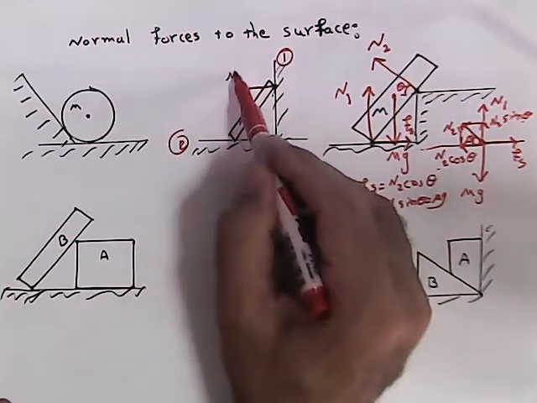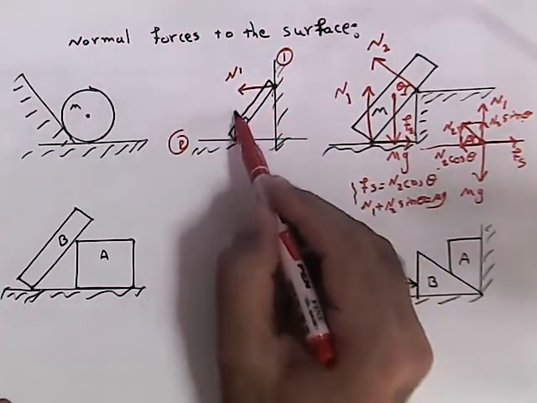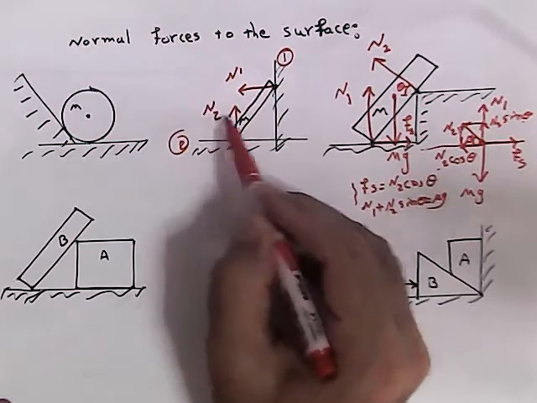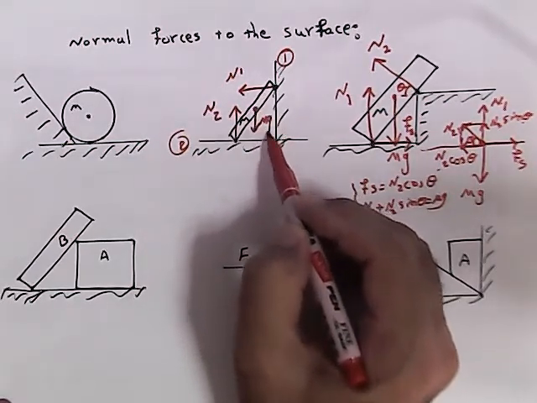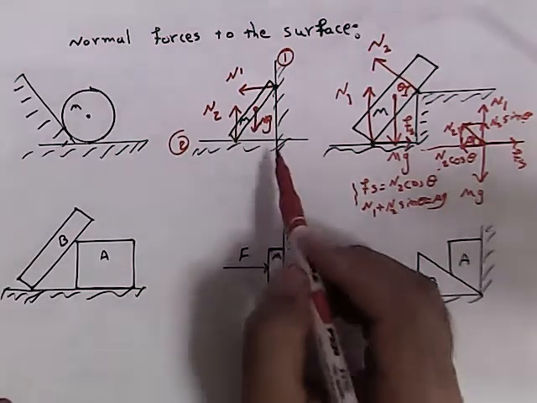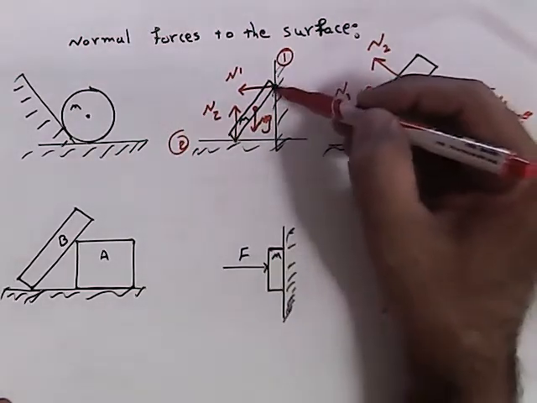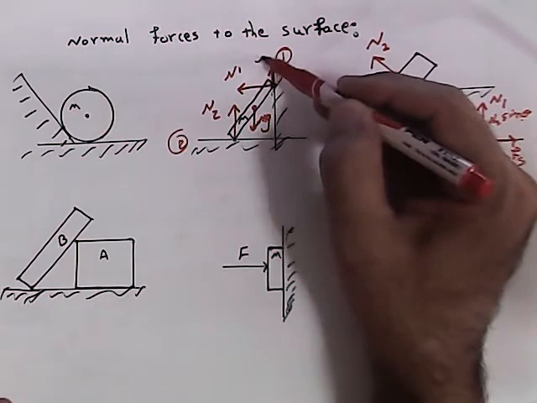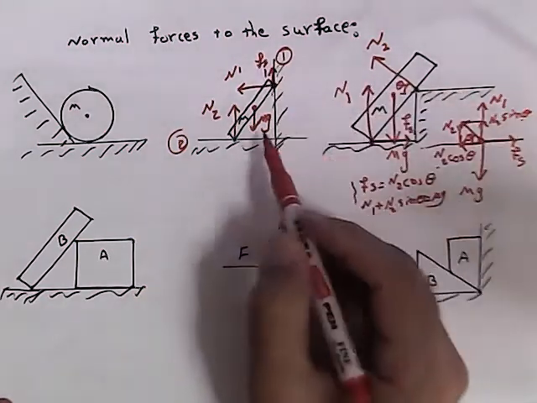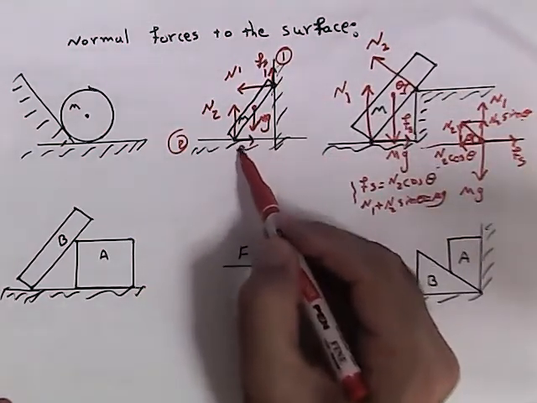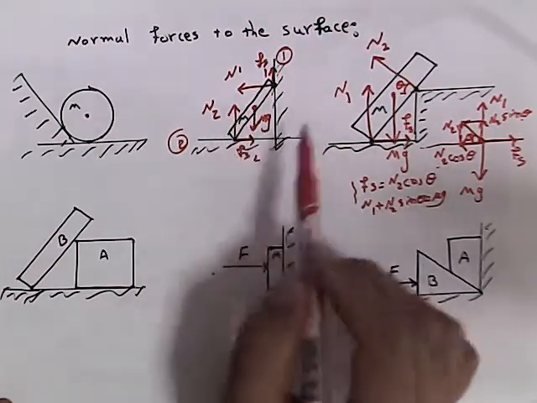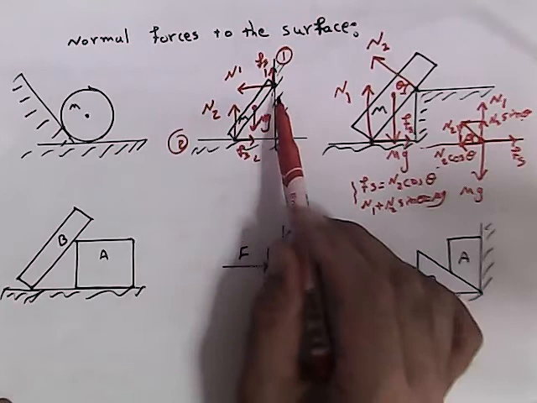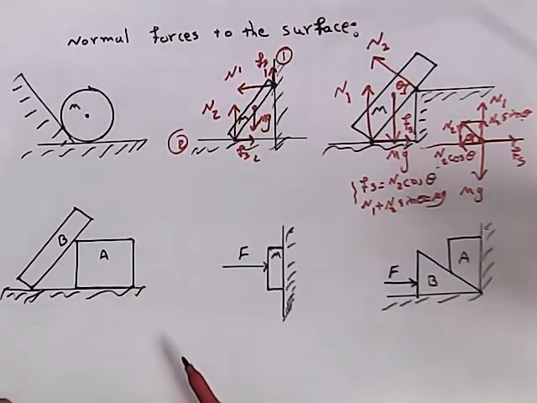This becomes N1, and then here is N2, and then you have a weight, and here you could have a frictional force for this surface, Fs1, and then here you could have Fs2, and these two forces are opposing each other. Fs2 is in this direction, Fs1 is in this direction.